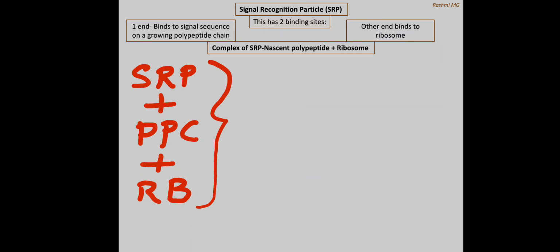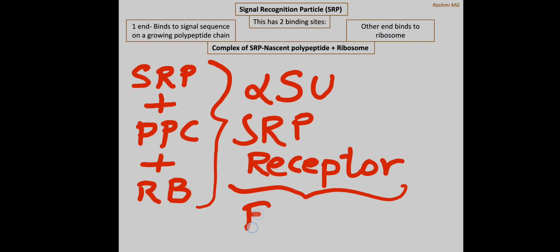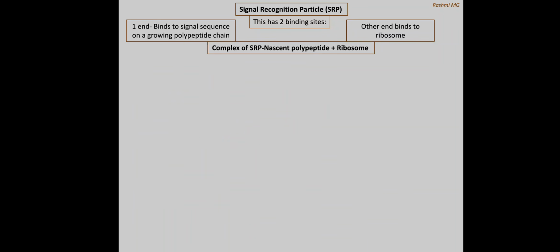All this will bind to the alpha subunit of the SRP receptor. The SRP, nascent polypeptide, ribosome complex will bind to the alpha subunit of the SRP receptor. Where is this receptor present? It is present in the ER membrane.